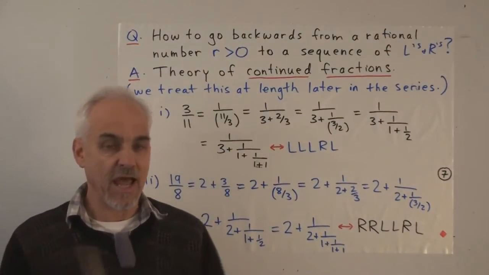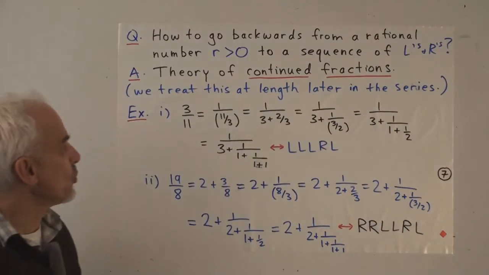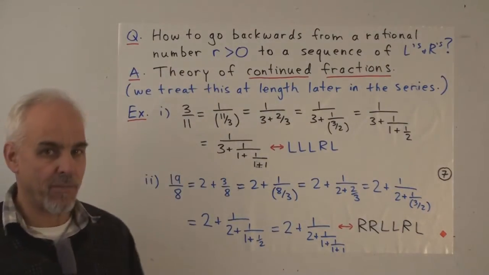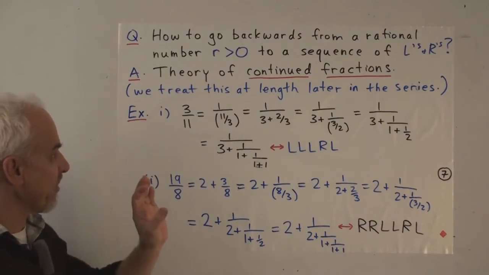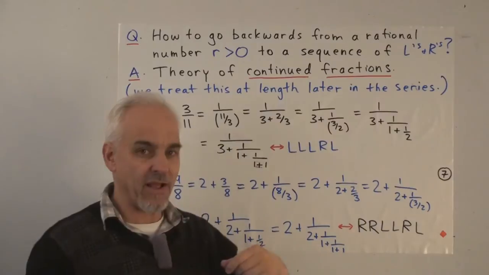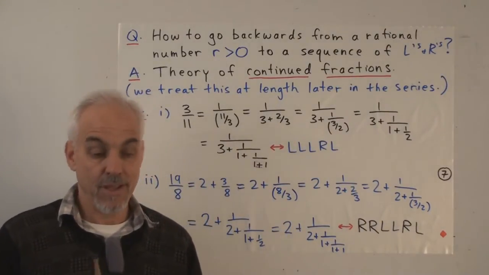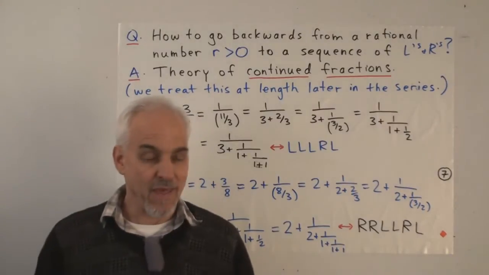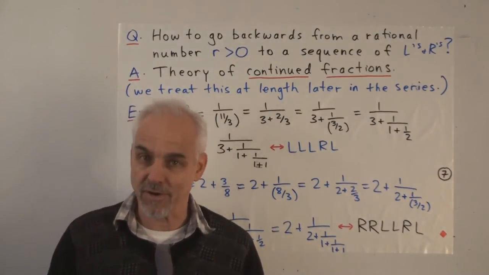So I've explained how to go from a sequence of L's and R's to a rational number R. A natural question is, how do you go backwards? Given the rational number R, how do you recover what the sequence of L's and R's is that corresponds to it? Well, that's a fascinating question that opens up a big chapter of number theory.